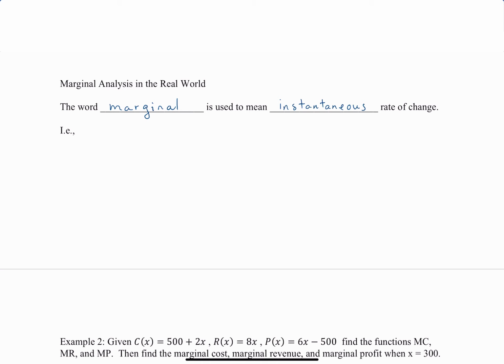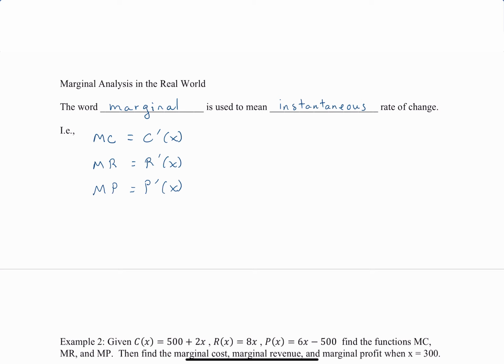In other words, the marginal cost, which is often denoted with an MC, is defined to be C prime of X. And the marginal revenue, often denoted MR with capitals, is defined to be R prime of X. And the marginal profit function, MP, is defined to be P prime of X.